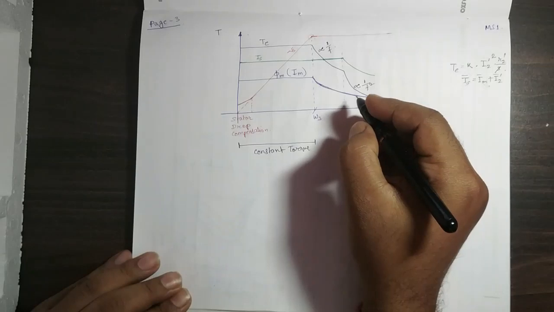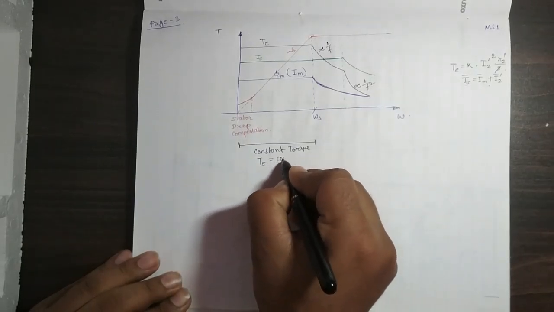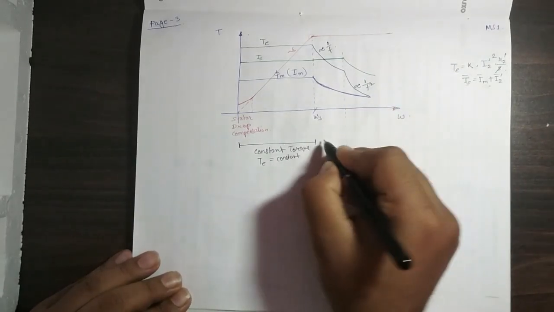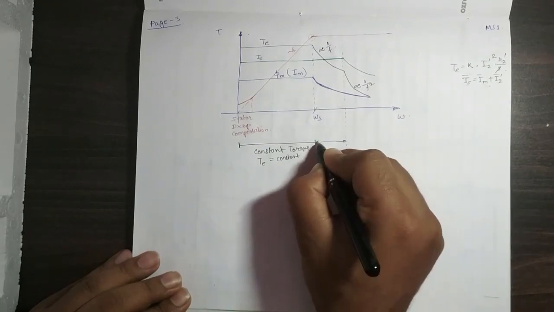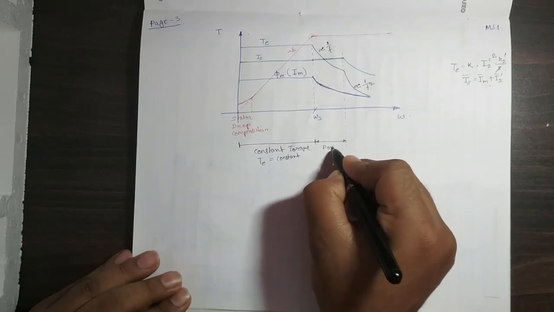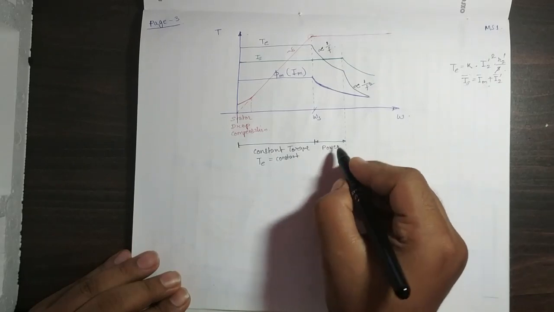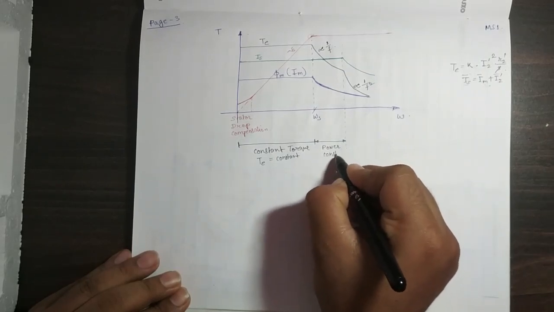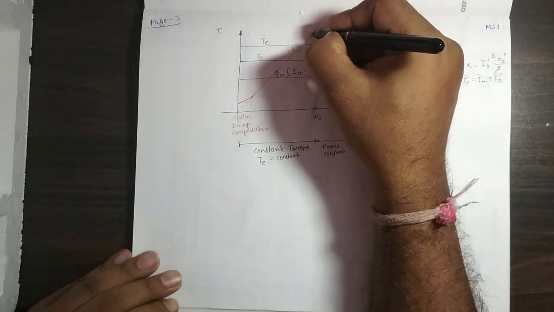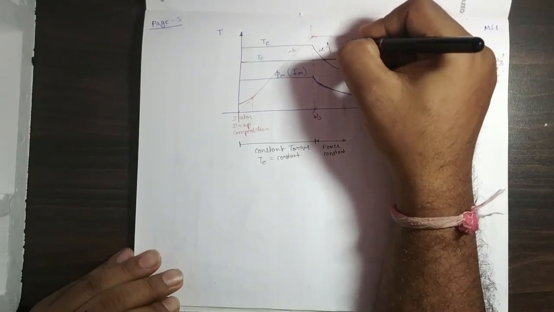This zone is the constant power zone. Power is constant. This you can easily find out, why this is constant torque and this is constant power.